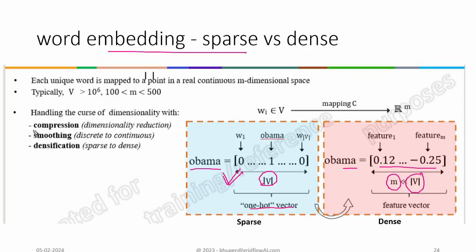So the word embedding gives you compression. It also gives you a discrete to continuous representation, which is very good and useful in machine learning, and a sparse to dense representation.